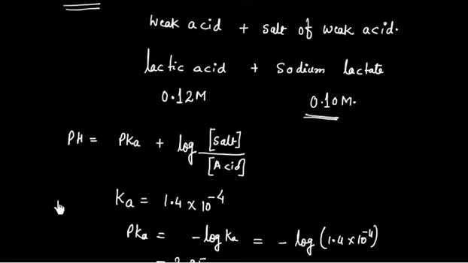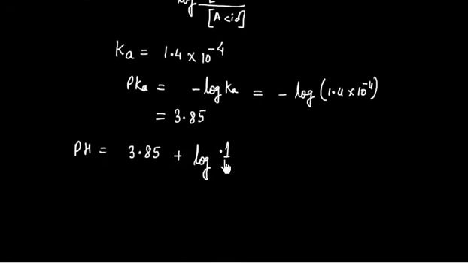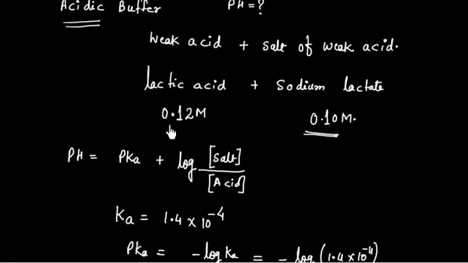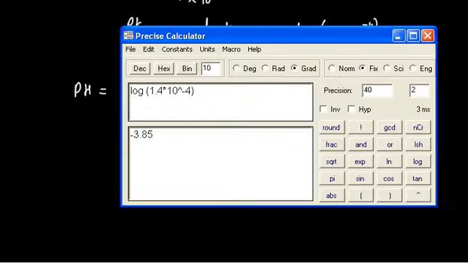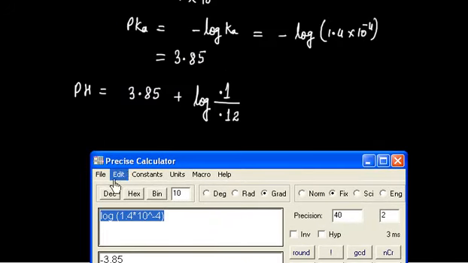Salt is 0.10 M, that is sodium lactate, divided by concentration of acid, that is 0.12 M. So we can calculate this value, that is we have 3.85 plus log of 0.10 divided by 0.12. So this is 3.77.